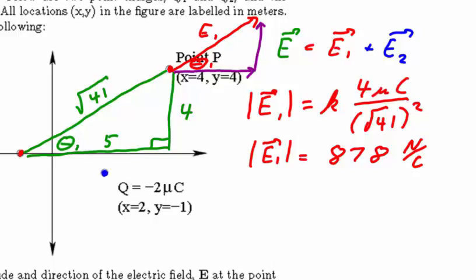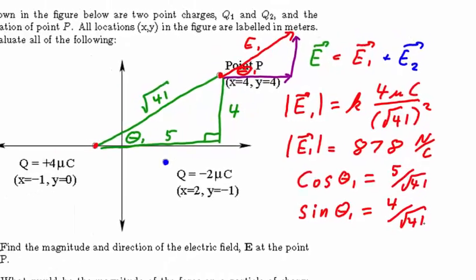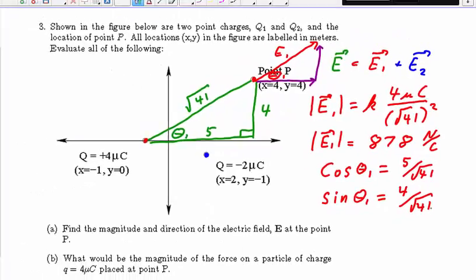These can be read off the diagram very simply, as we note that the cosine of theta 1 is 5 over the square root of 41, and the sine of theta 1, opposite over hypotenuse, is 4 over the square root of 41.